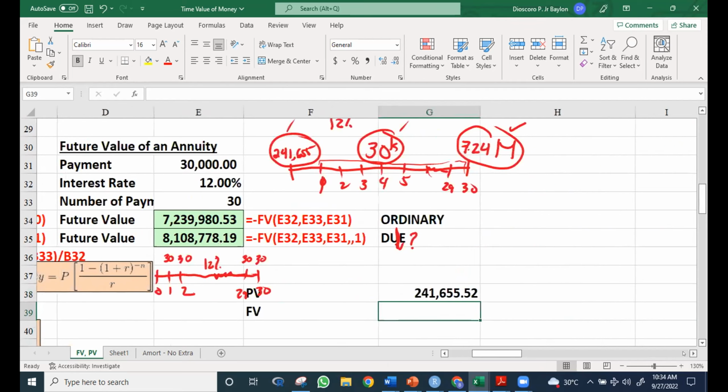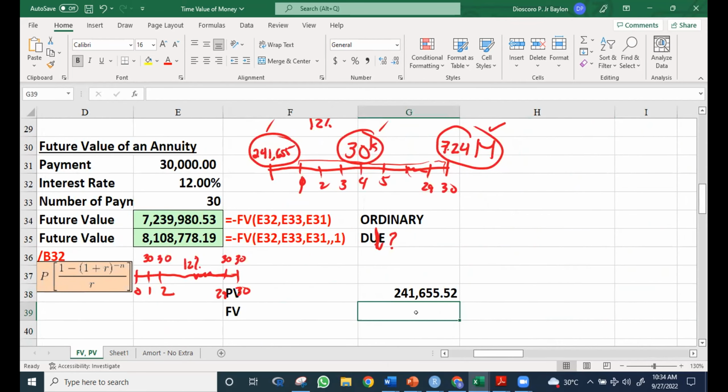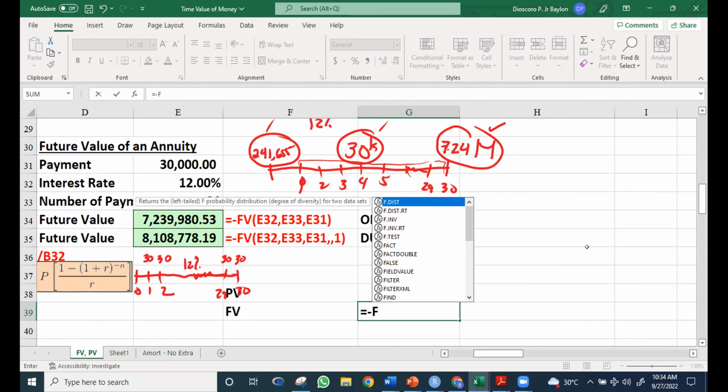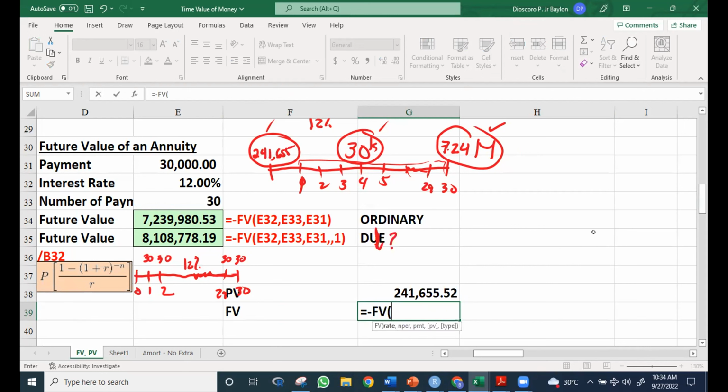Let's compound this and determine its future value after 30 years. We should get 7.24 million. Negative FV. What's our rate? 12%, comma. Our NPER is 30, comma.